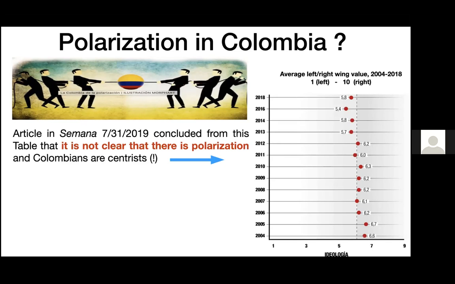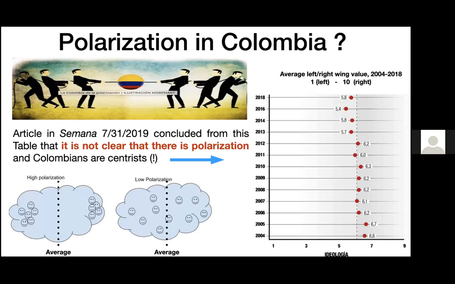So the article concludes this, but it is amazing that this is in an actual article, because you take this example and you have high polarization in that group there. You have two big groups, very separate from each other. And the average is the same as this one that has low polarization, because people are uniformly distributed around this area.